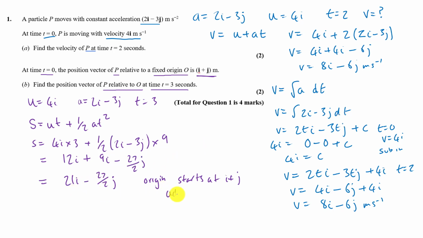We need to add i plus j to our final answer, which will leave us with 22i minus 13.5j plus j, so minus 12.5j. Now that's something we could quite easily miss, but I hope that makes sense to you now.